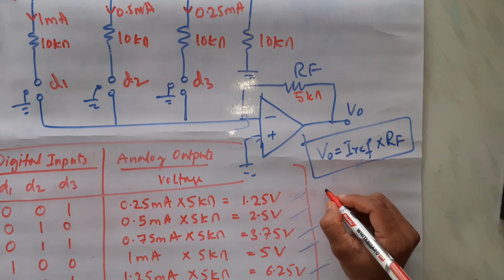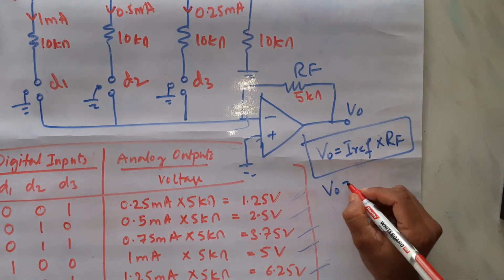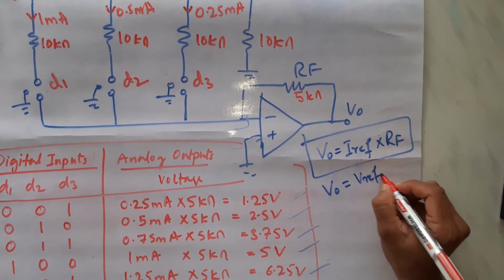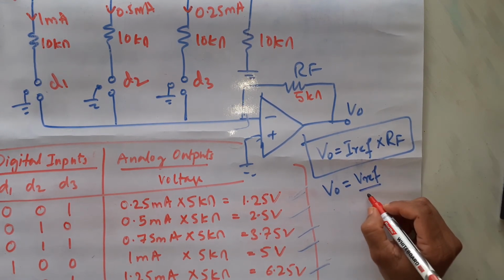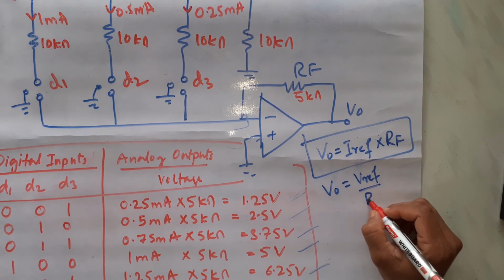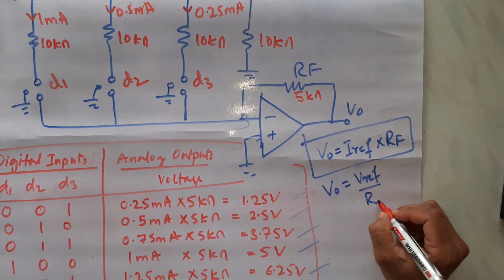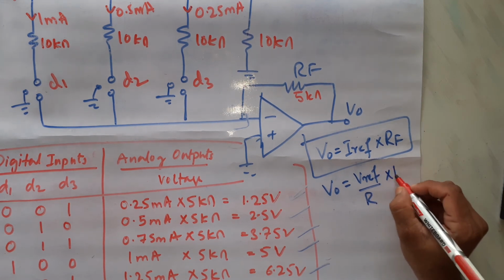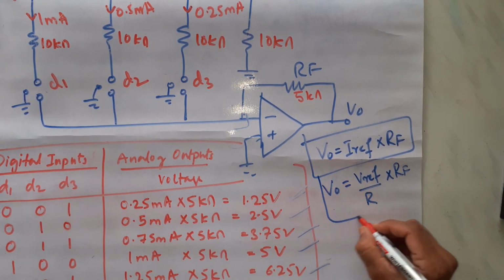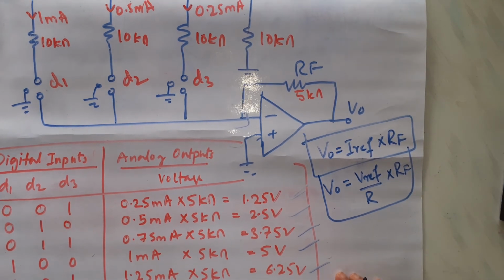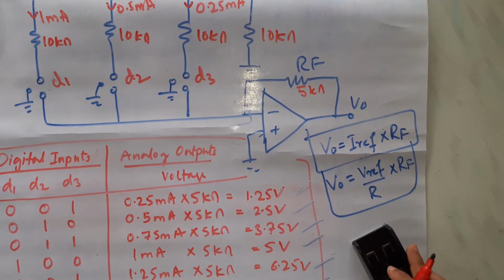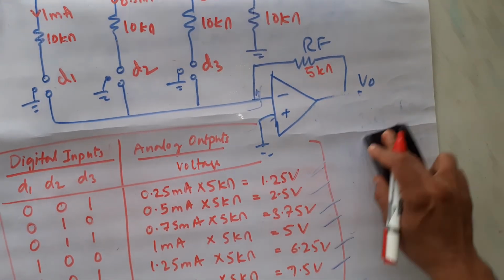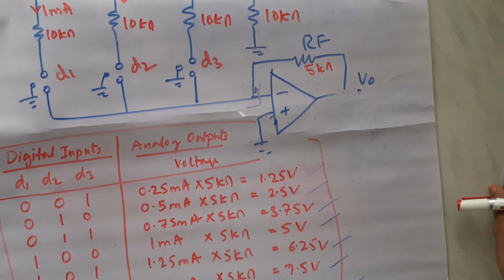So we can also write V0 equal to, what is I reference? How did we get this I reference? V reference by R equivalent gave us I reference, into RF. This is your V0. Now depending on the bits we want, I can rewrite this equation.